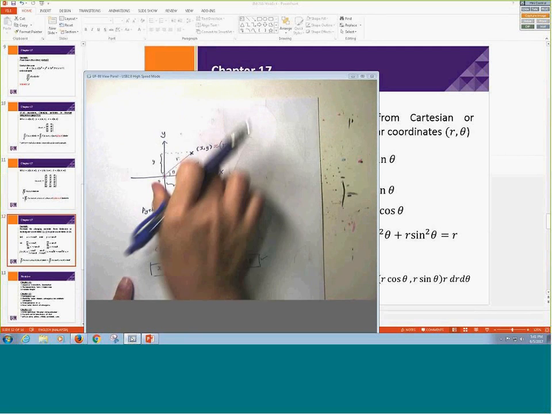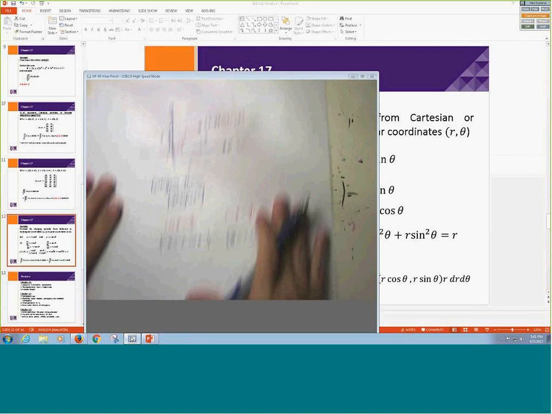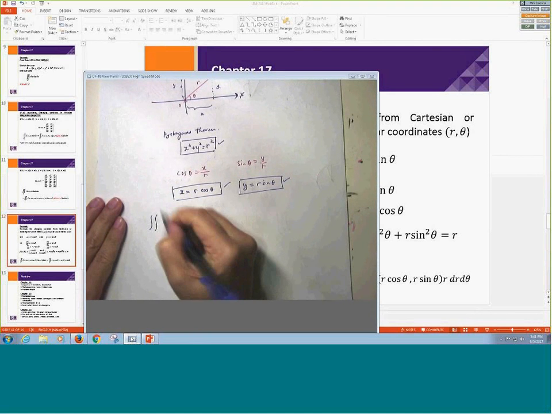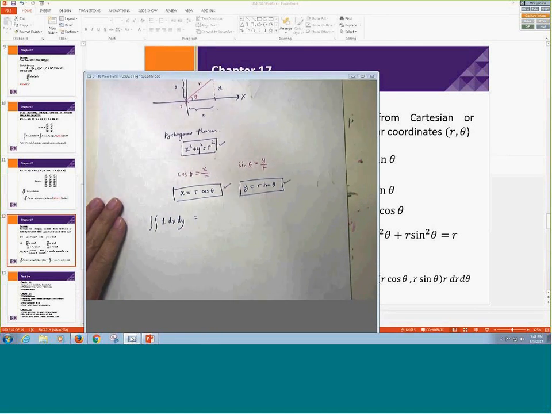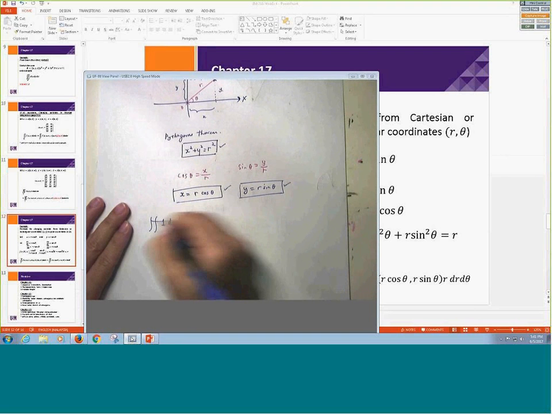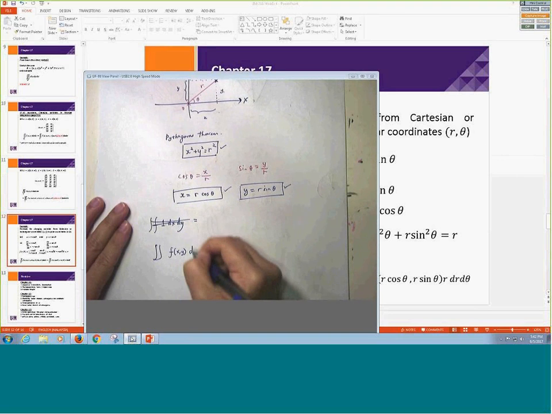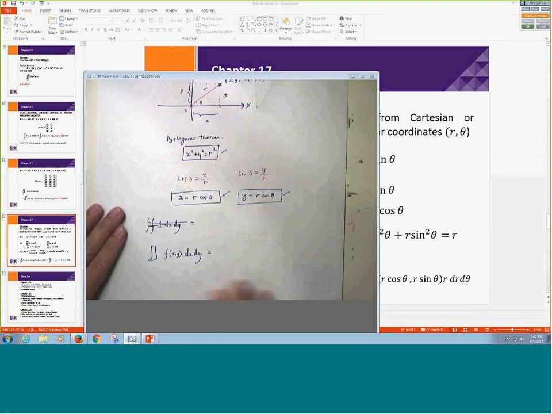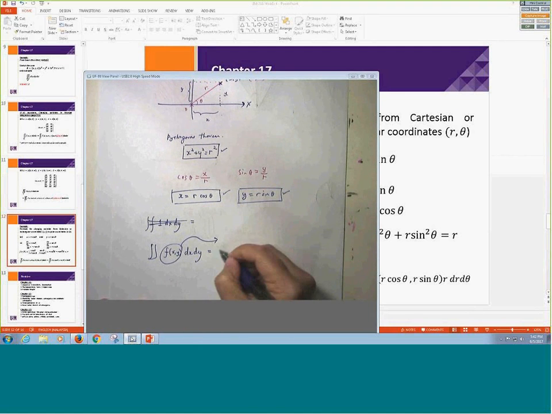If I want to represent this point, the x will be r cos theta, r sine theta. So when I have something, let's say the dx dy or dy dx, the function in x and y, when we want to transform the multiple integral, the function in x and y is now changed to r and theta.